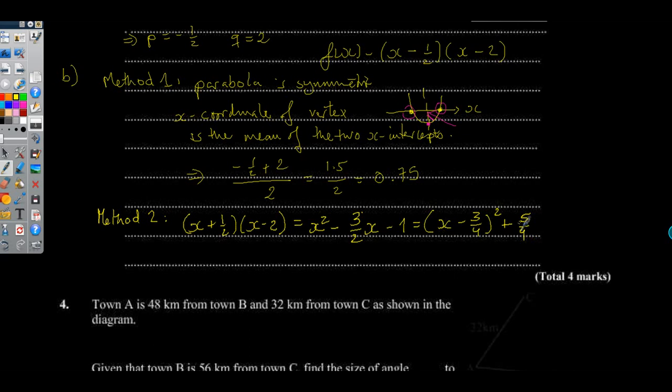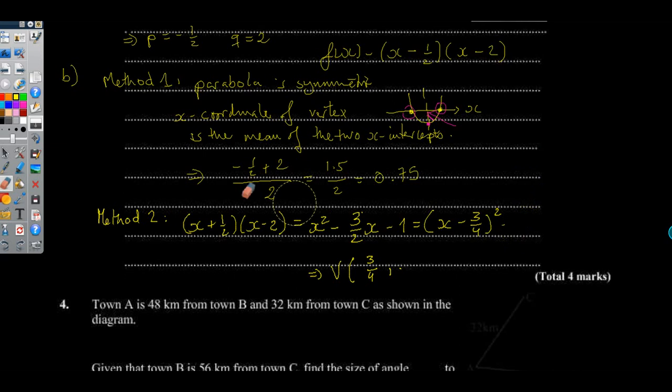What you should do is take the time to verify that this is correct. From this, we conclude that the vertex has the coordinates 3/4, comma. Hang on a minute, this wasn't quite correct.